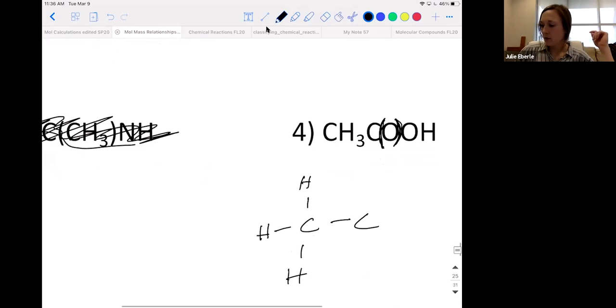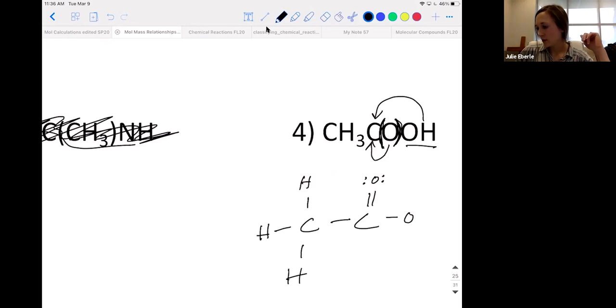All right, so now that we have parentheses, what does that mean? That means that is branched off of this carbon right here. And it's got to be double bonded because oxygen has to have 2 bonds, 2 lone pairs. Then you've got an OH group, which is also branched off of this carbon. So up or down or to the side, but it's got to look like this.